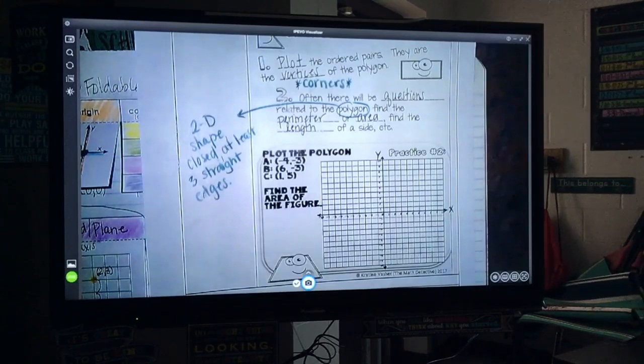Alright, so for A, plot your point, go over it with a color. B, plot your point, go over it with the same color. And C, plot your point, go over it with the same color. Give me a thumbs up when you have that done.